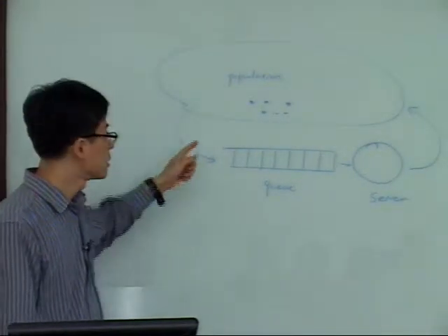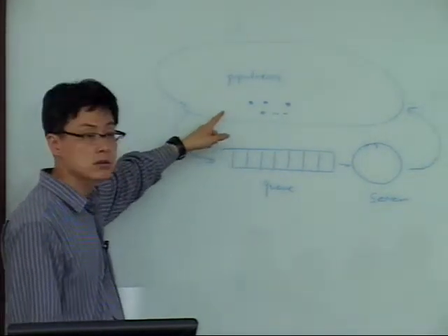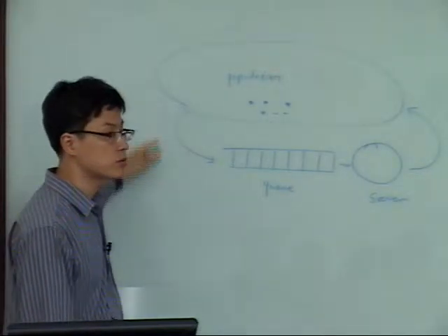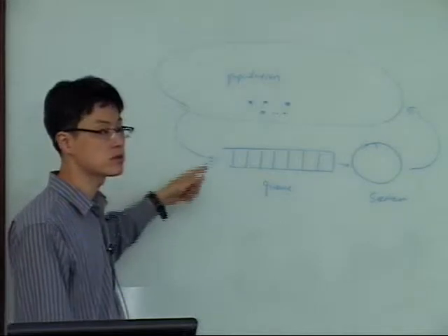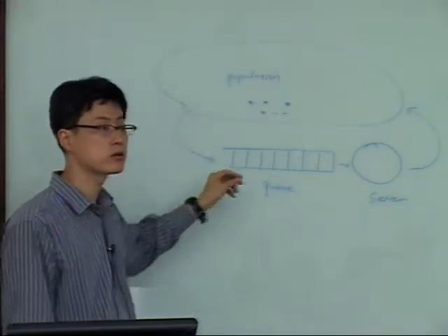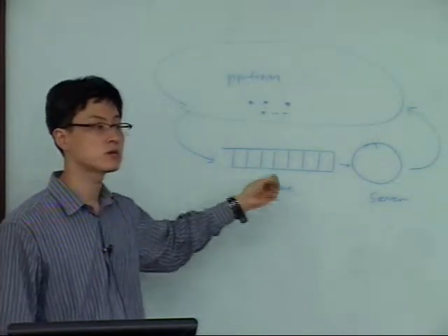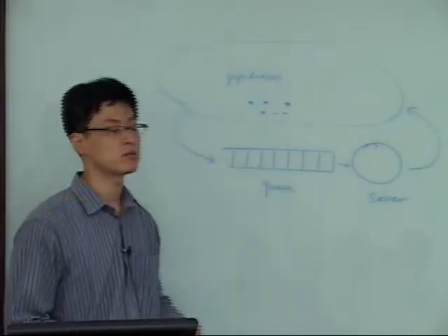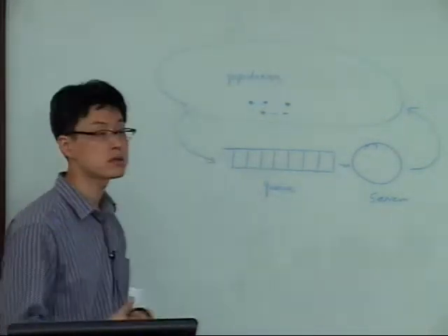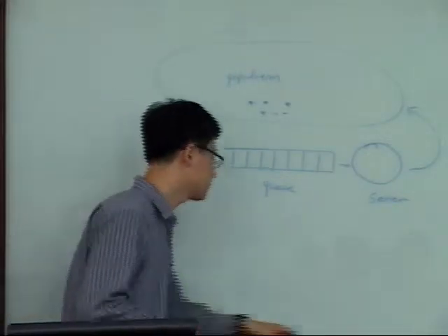When the customer arrives, this is a random thing. Sometimes multiple customers could arrive at the same time. Sometimes one customer arrives after a very long time, when the other customer comes to this system.